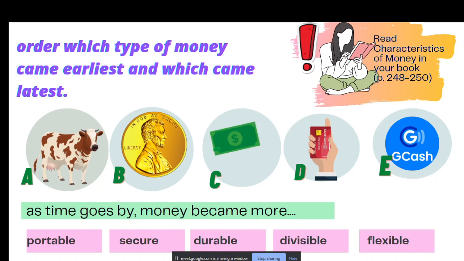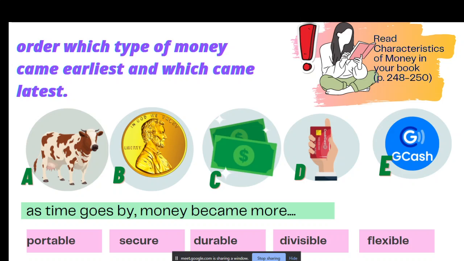So it's very divisible and at the same time it's very flexible kasi pwedeng magamit kahit saan na transactions, 'di ba? Yung sa credit cards natin and then sa GCash, hindi masyado sa Pilipinas, pero if you go to the other countries, this is accepted sa mga stores nila, sa 7-Eleven nila, kahit saan.